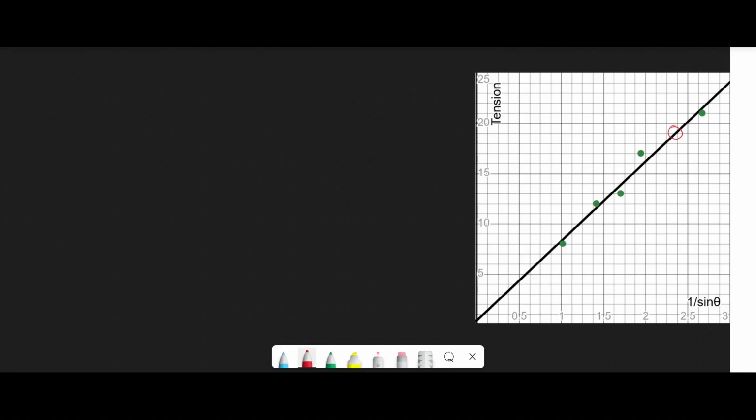So on my vertical axis, I have 15, 16, 17, 18, 19, and on my horizontal axis, if this is divided into fourths, it's going to be 0.125, 0.25, 0.375, so it's going to be 2.375.